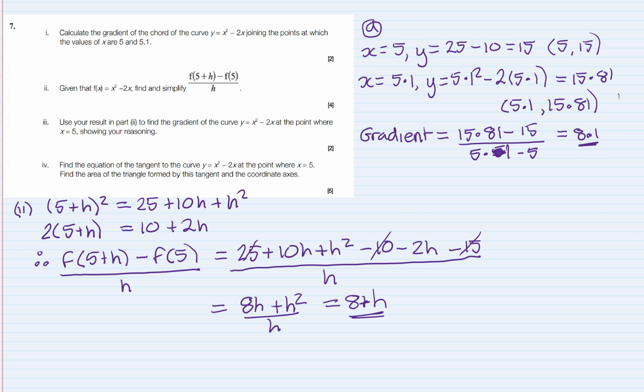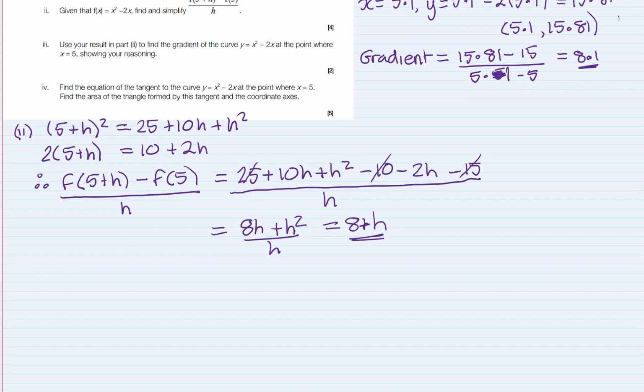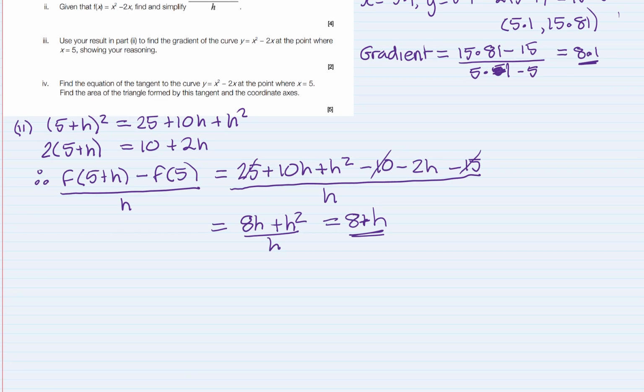So for part 3, it's asking me to use my result from part 2 to find the gradient of the curve with y equals x squared minus 2x at the point where x equals 5, and I need to show my reasoning.